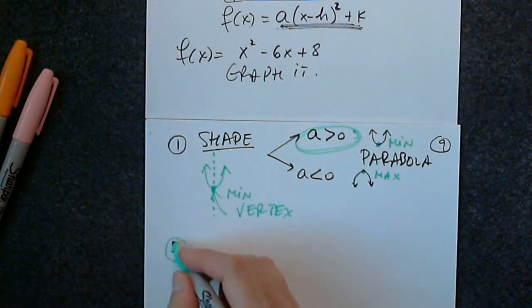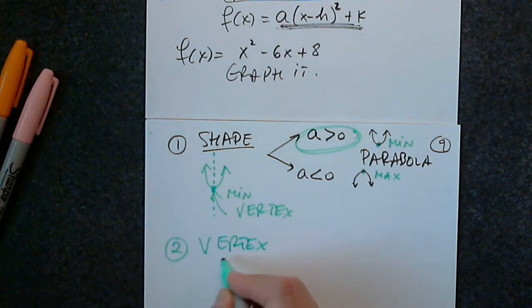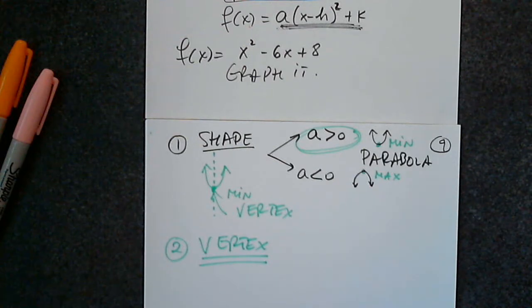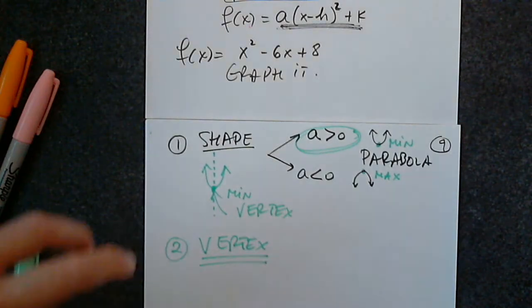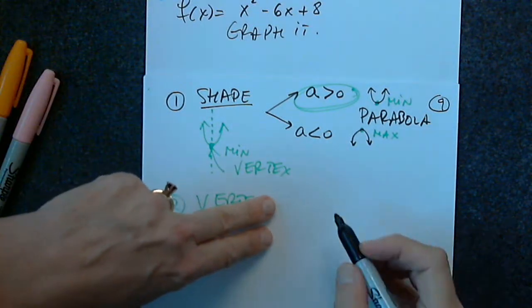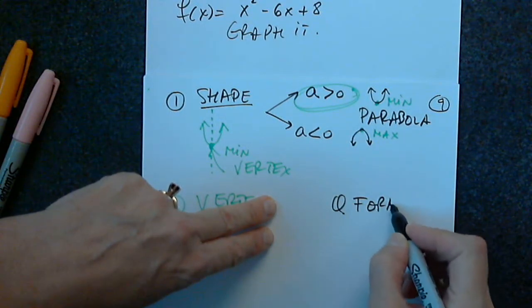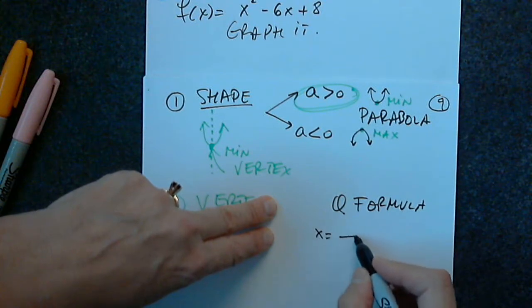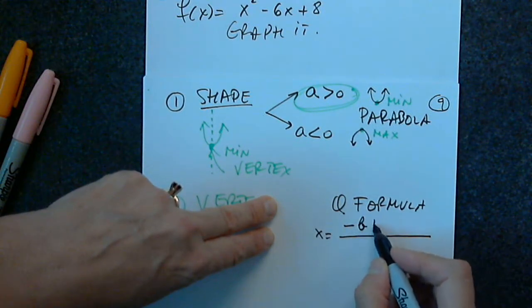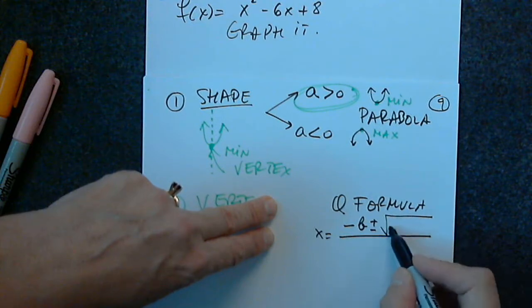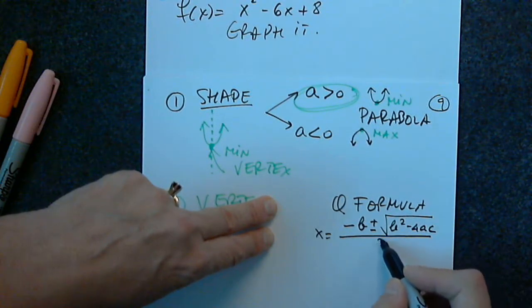In step number 2, we will have to determine the coordinates of the vertex. So after we identify whether the function opens upward or downward, meaning it has a minimum or it has a maximum, now we have to find that point. I digress for a moment because I would like you to remember these two things together. What is the quadratic formula? x equals negative b plus or minus the square root of b² minus 4ac, over 2a.